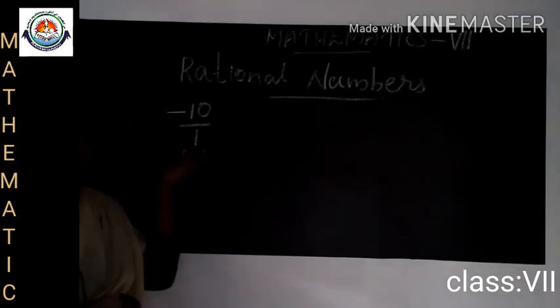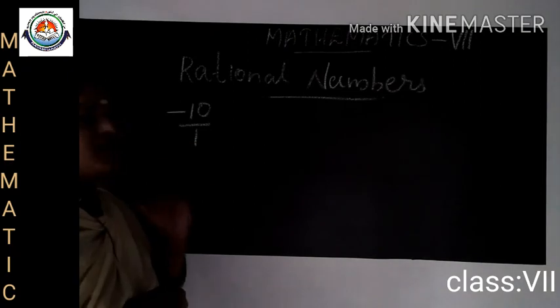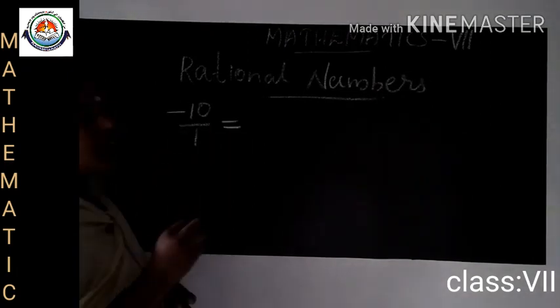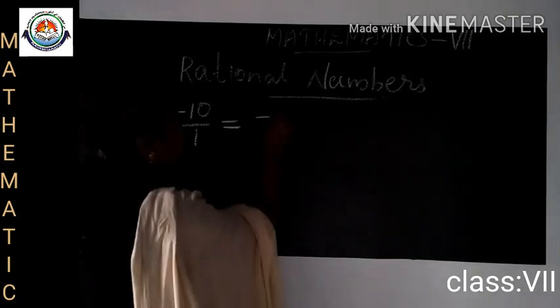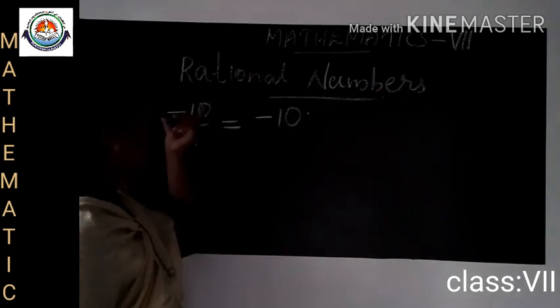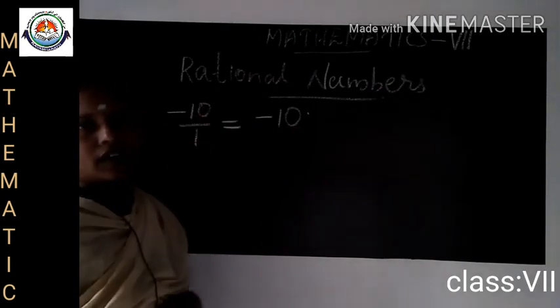The denominator is 1, so no need to write the denominator. Negative 10 by 1 is negative 10. So that is the integer form of negative 10 by 1.